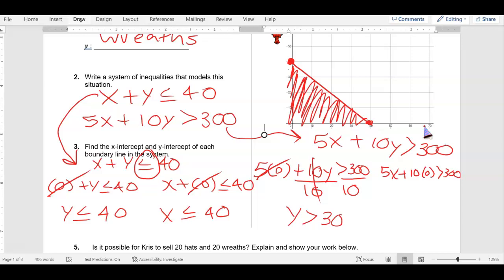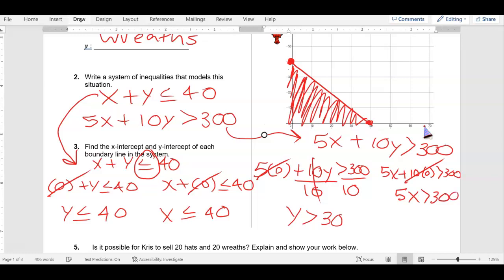So what I'm doing is I'm plugging 0 for x to get the y-intercept, and I'm plugging in 0 for y to get the x-intercept, so I can get these 2 points and connect them. Anyways, so the 10 times 0 is nothing, right? It cancels out. Now, bring down 5x greater than 300.